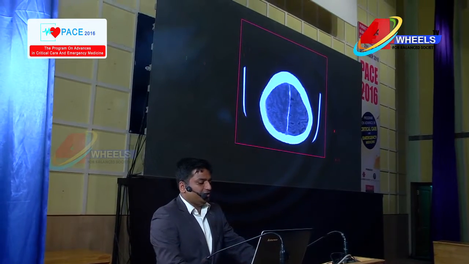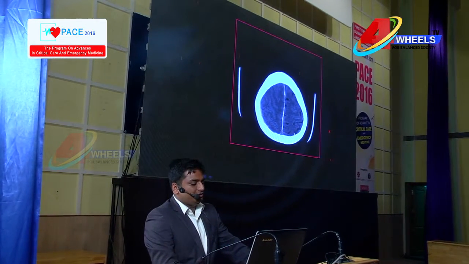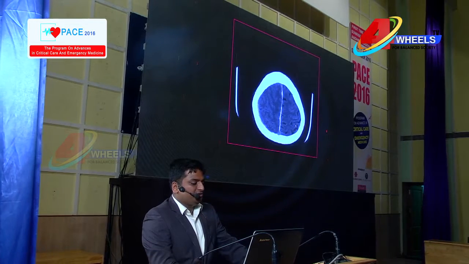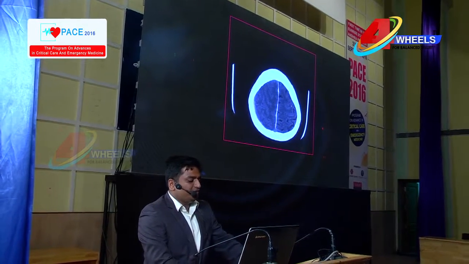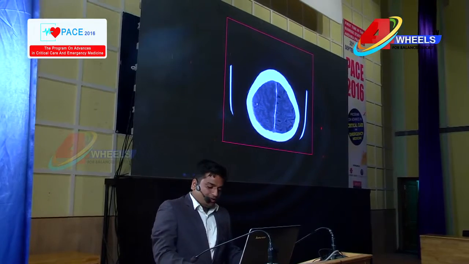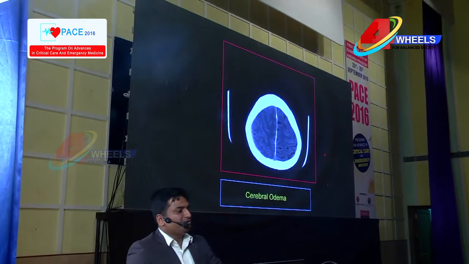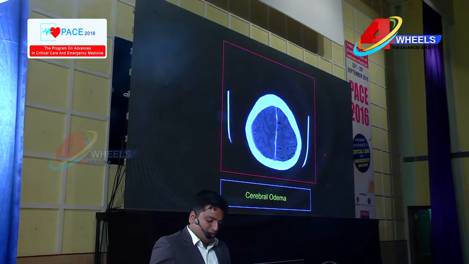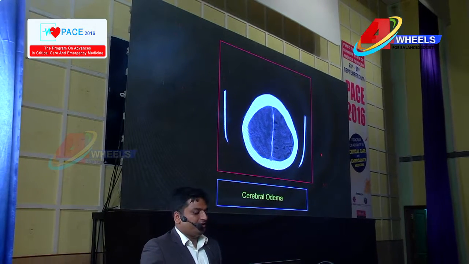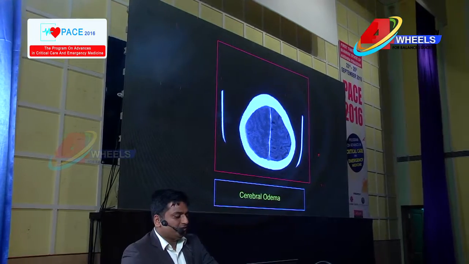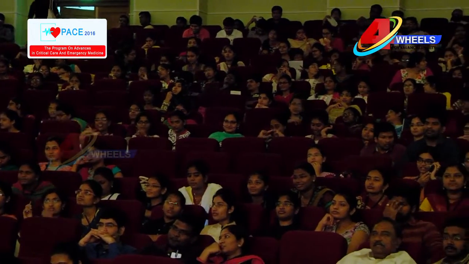Generally the sulci and gyri, which appear on the right side, should be seen clearly. If you cannot appreciate sulci and gyri, that means there is cerebral edema. Cerebral edema is due to protein-filled fluid, which is why it appears whiter. That's why all the sulci and gyri are disappearing.